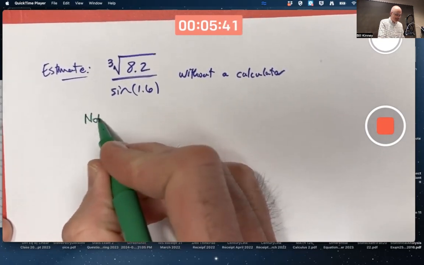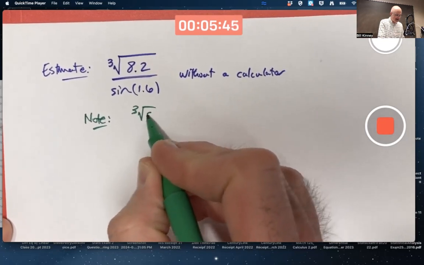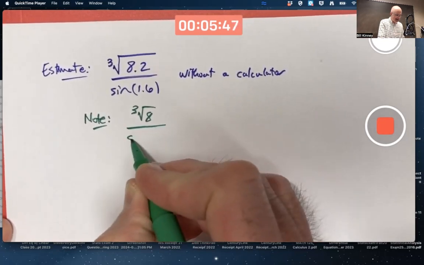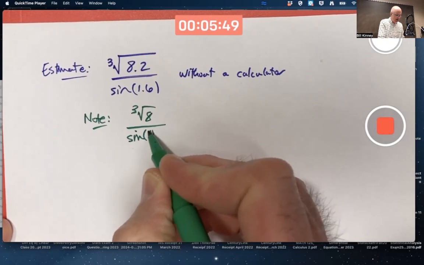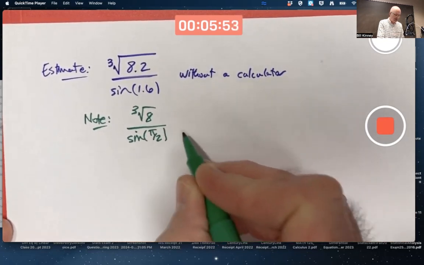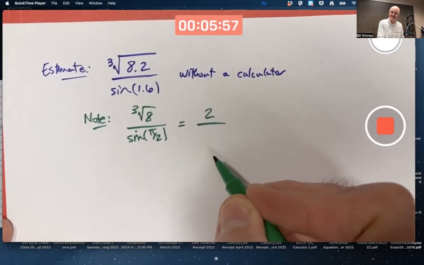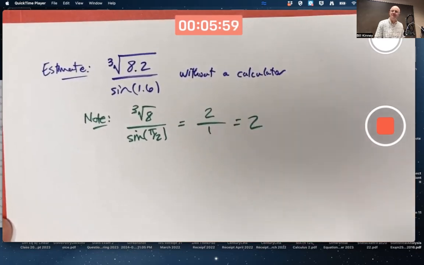You have to realize that cube root of 8 divided by sine of pi over 2 is a lot easier to estimate than our problem. Cube root of 8 is 2. Sine of pi over 2 is 1. The answer is 2.